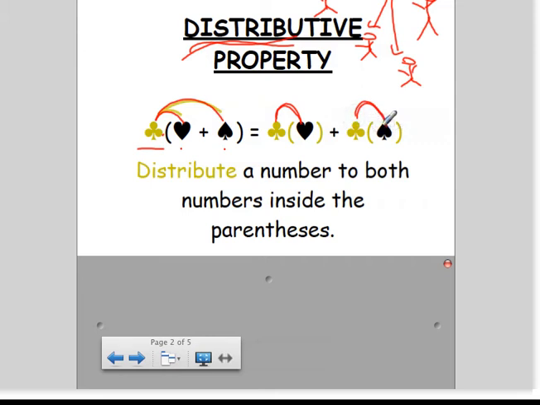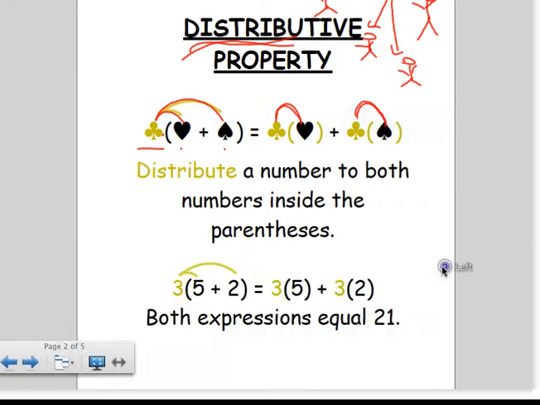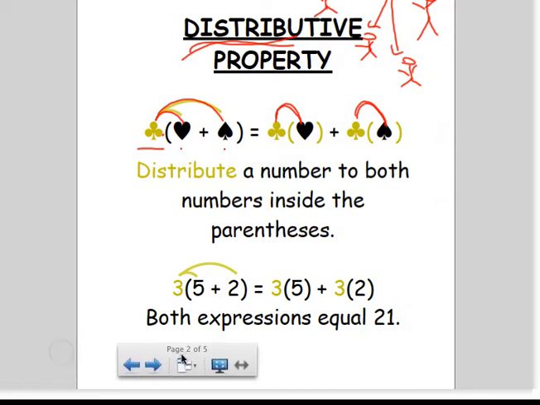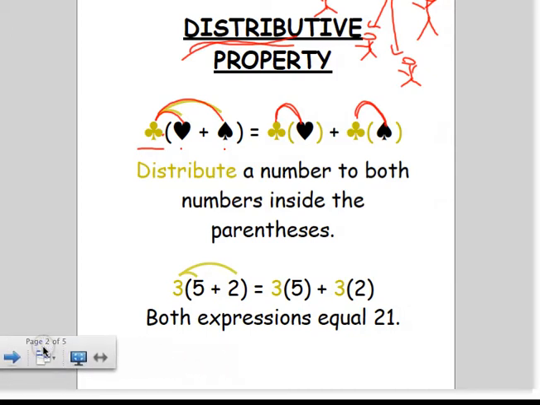Let me show you an example with numbers. If I look at 3 times the sum of 5 plus 2, I'm going to try to convince you that's the same thing as 3 times 5 plus 3 times 2. So if I were to do the left expression using GEMDAS, I have 5 plus 2, that equals 7, and I still have 3 times 7.